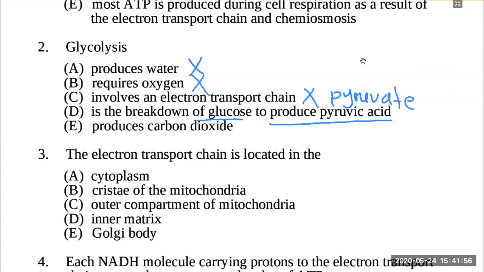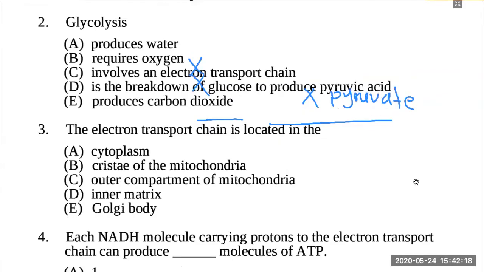Also, this is not true. Carbon dioxide will be produced during cellular respiration, not during the glycolysis process, because glycolysis is an anaerobic process. Now let us move to the third question.